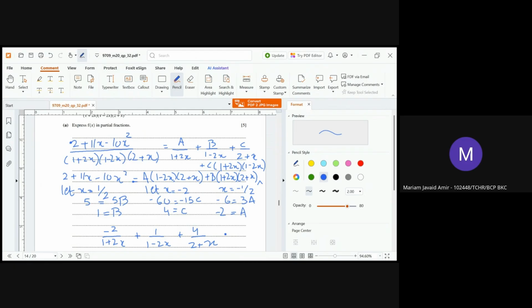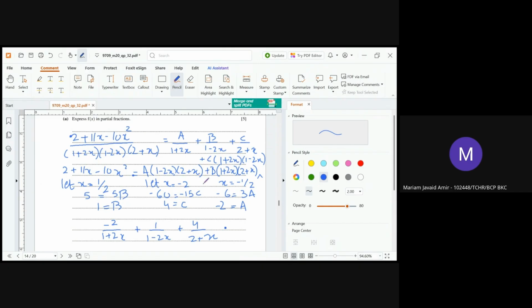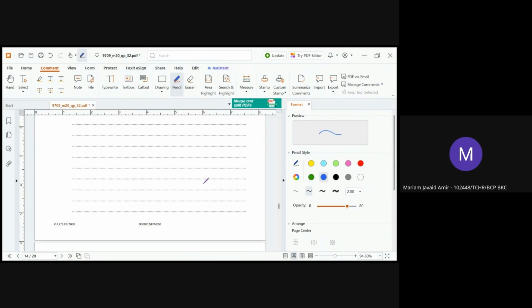So we're done with partial fraction part A. Okay, next part.